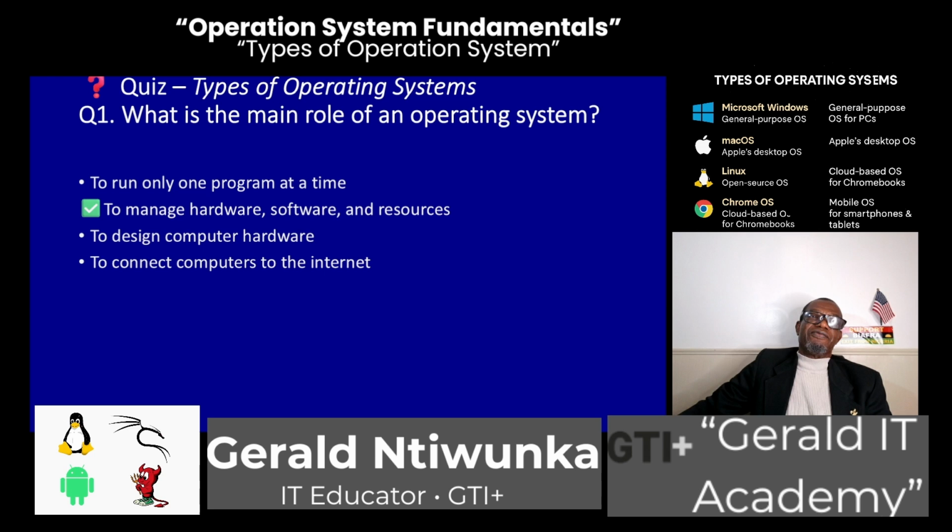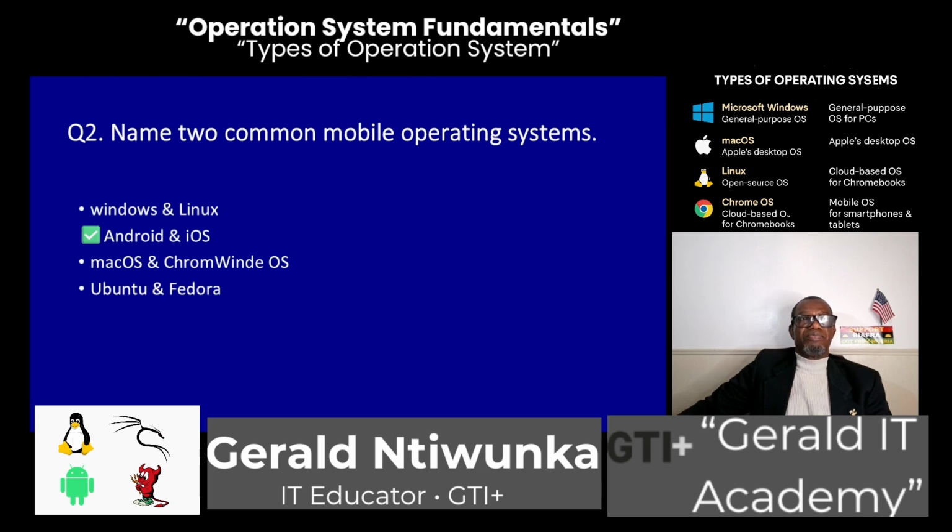Now let us look at a few of the questions we have here. Number one, what is the main role of an operating system? The main role of an operating system is to manage hardware, software, and resources. Number two, name two common mobile operating systems.